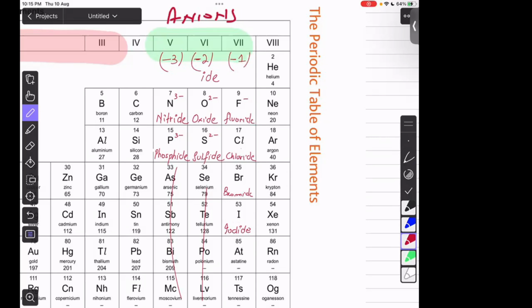Abdullah, radicals are something else. चले आगे बढ़े. Yes, sir.